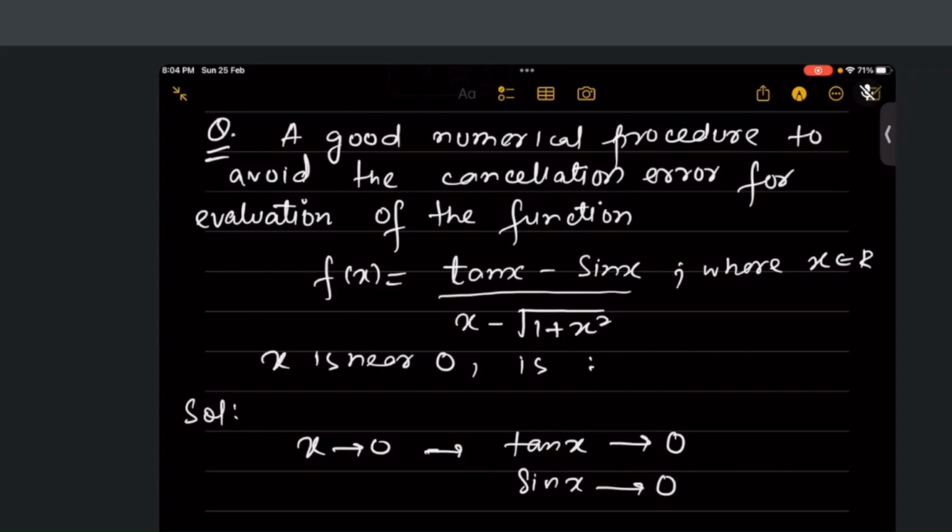Anyone got the answer? Anyone who calculated the answer?